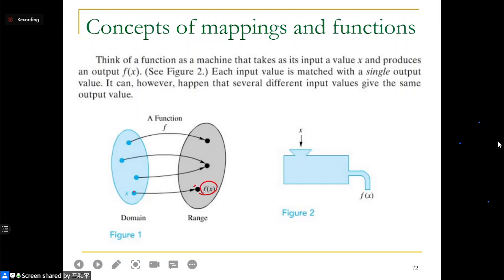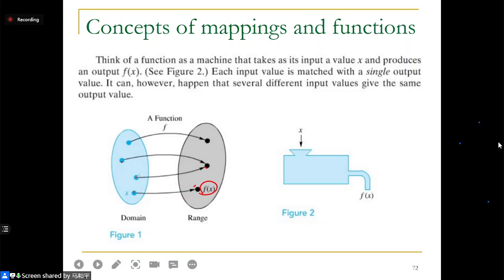Each input value is matched with a single output value. This one has a unique output. This one has a unique output.